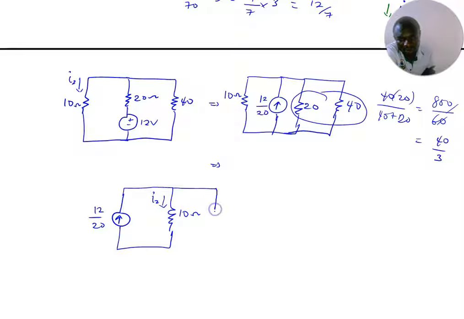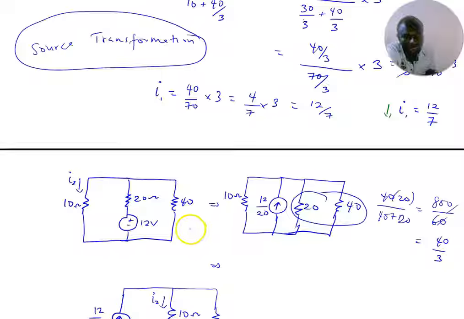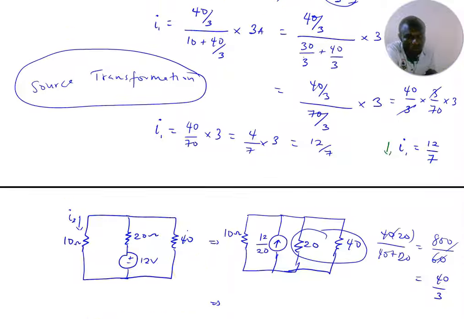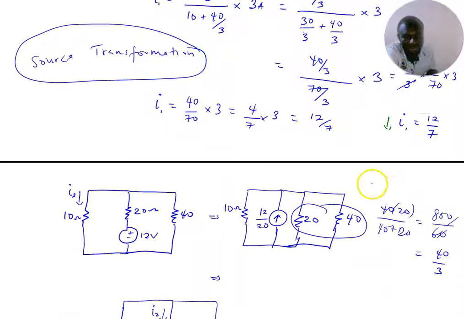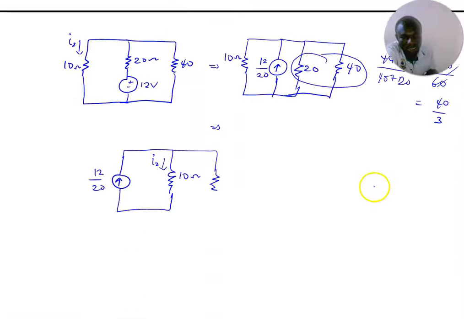Then we have our new resistance, which is giving us 40 on 3. What did we get for that one? We had 40 on 3.